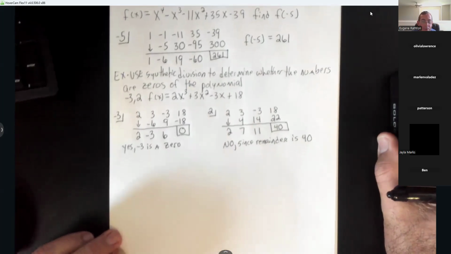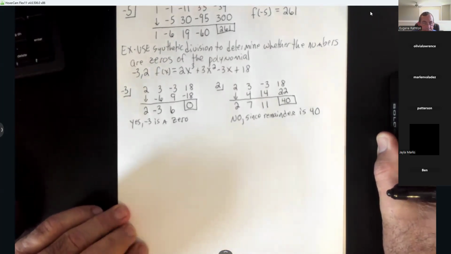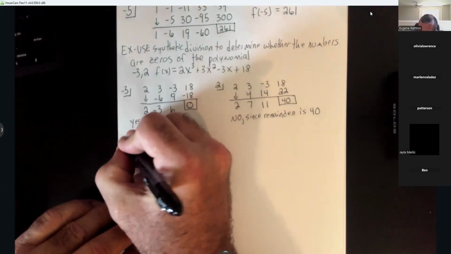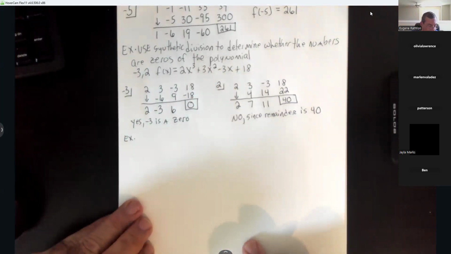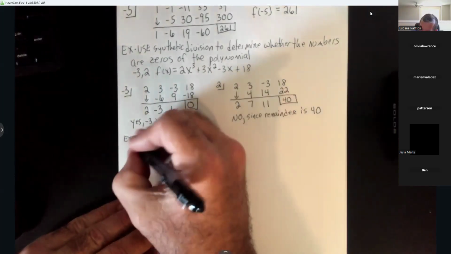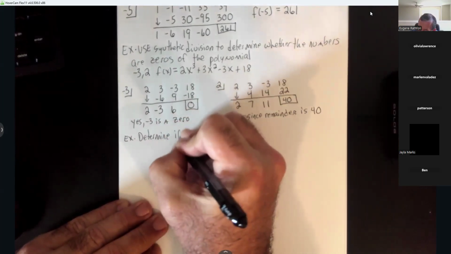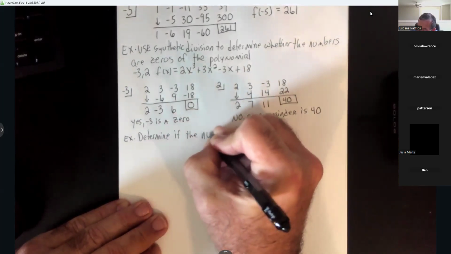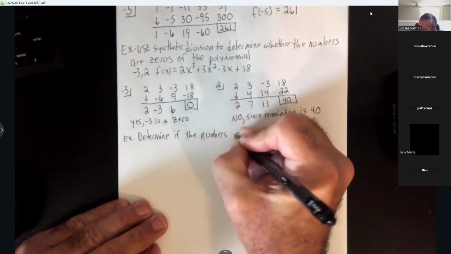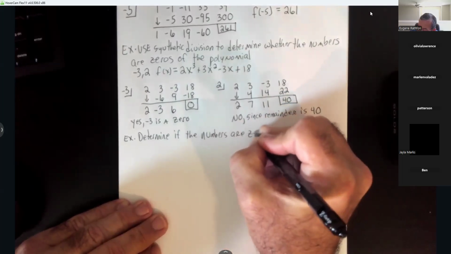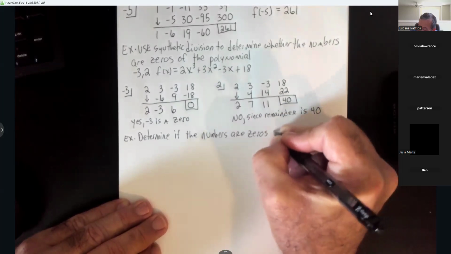All right, so let's do another one of those, and they'll have 2 numbers they're giving us. All right, determine if the numbers are zeros of the function.